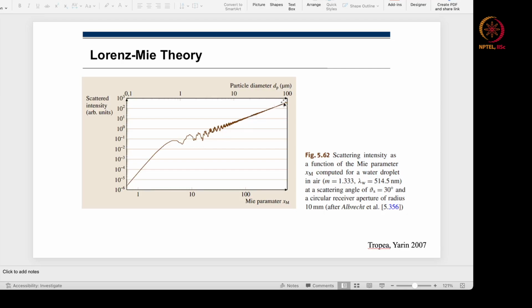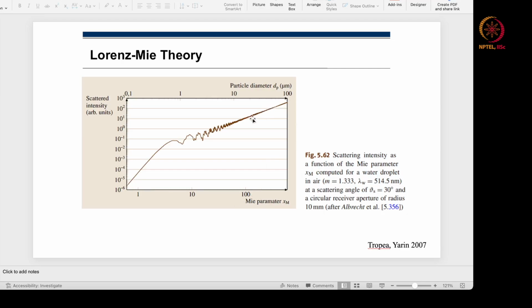For a large particle size, or a large Mie parameter xm, you have a very high scattered intensity, and it falls off pretty rapidly as you go down to smaller and smaller particle sizes, which also leads to a smaller Mie parameter, because pi by lambda is a factor that is multiplied over here.